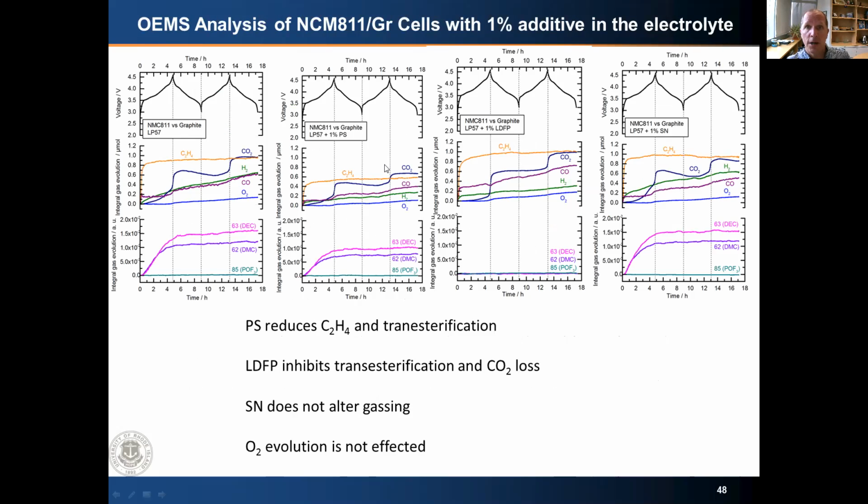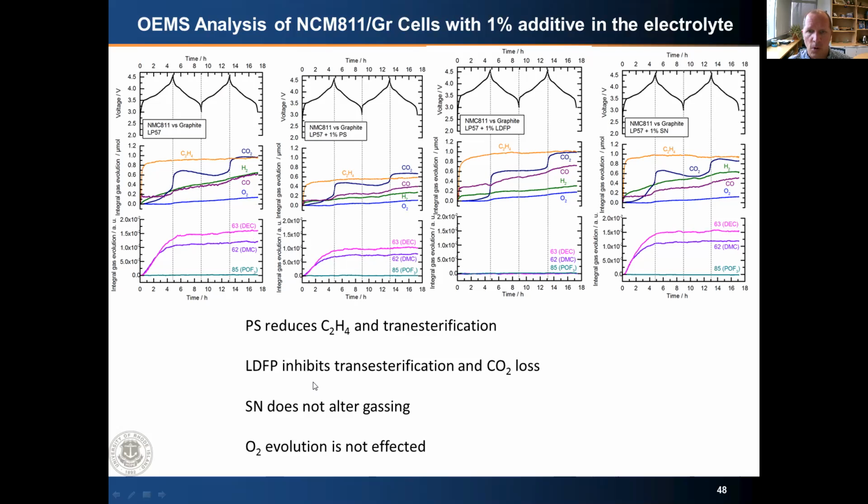With this in mind, if we look at the OEMS, online electrochemical mass spectroscopy data for all of these different electrolyte formulations, with the LP57, we see a large amount of transesterification products and a fair amount of carbon dioxide evolution. Incorporation of propane sultone significantly decreases the evolution of ethylene and also significantly decreases the transesterification reactions.